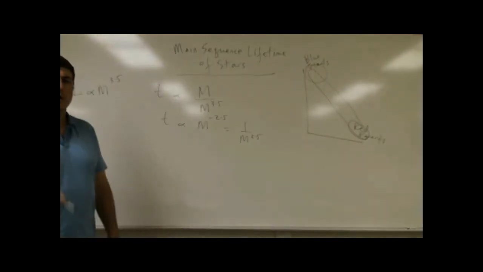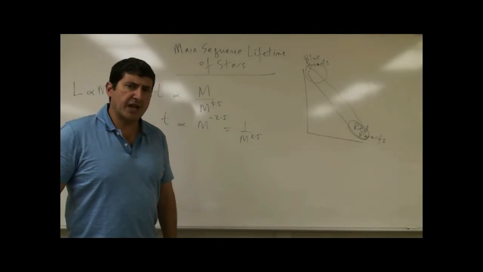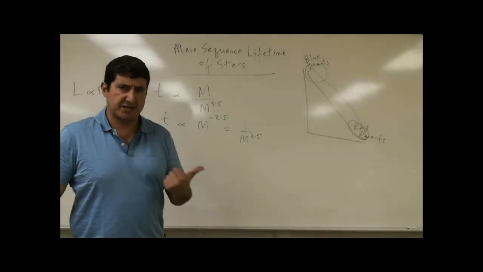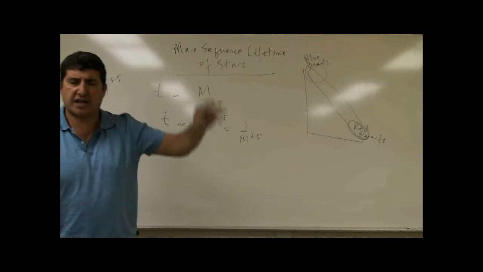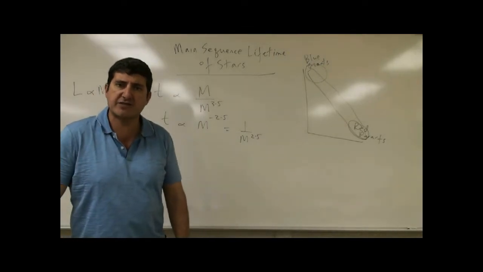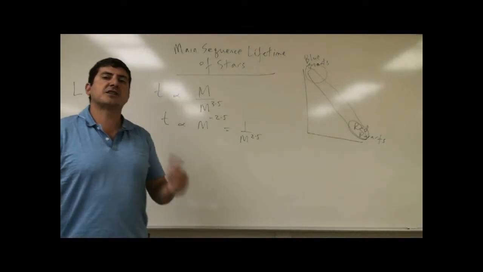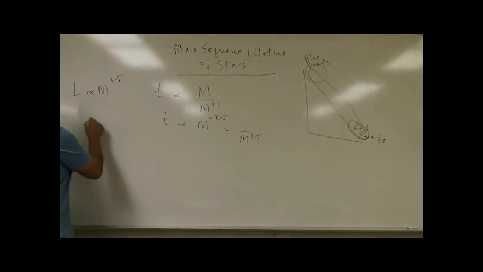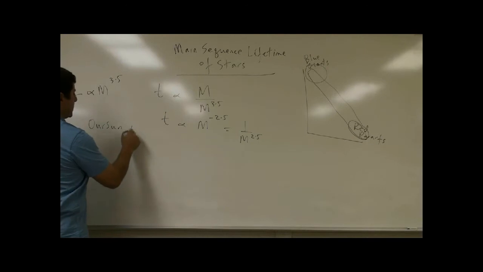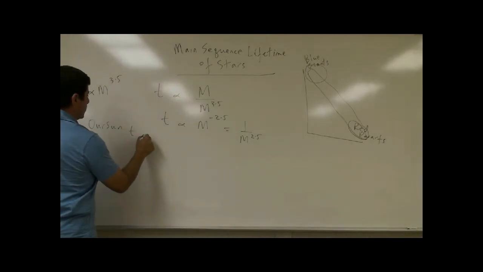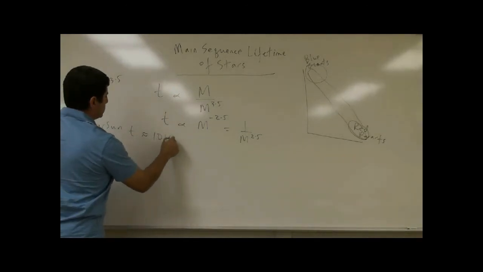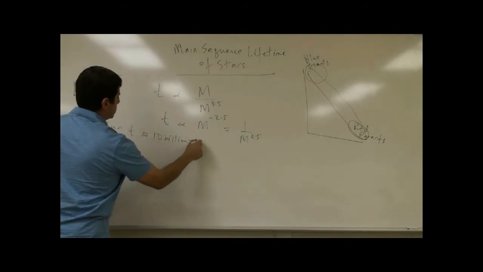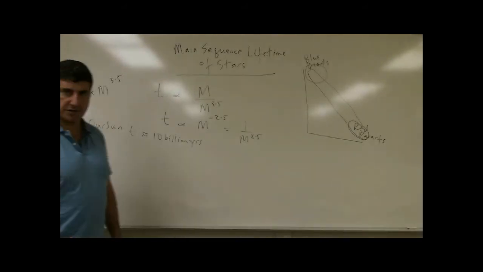It ends up that when we put the mass of the sun into this equation and do all the calculations and the estimation of the lifespan of our sun, the lifespan is approximately 10 billion years on the main sequence.